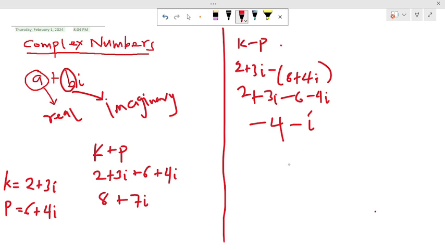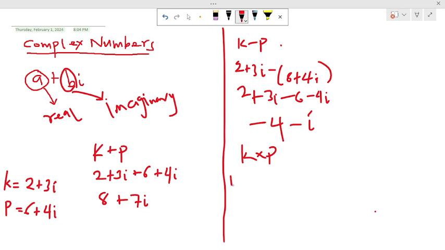Also, when we are asked to multiply two complex numbers, for example, in this case, k times p, we should note this principle behind complex numbers.